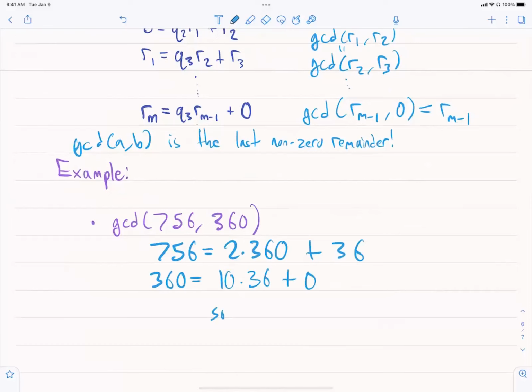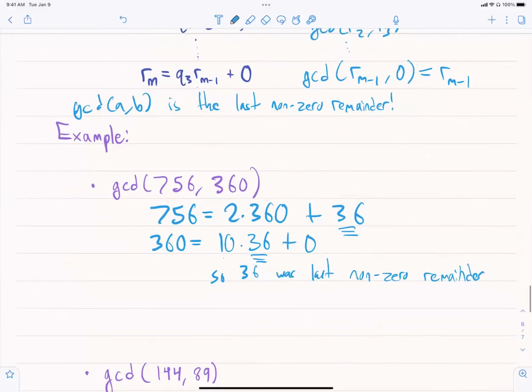So 36 was the last non-zero remainder. So the GCD is equal to 36.